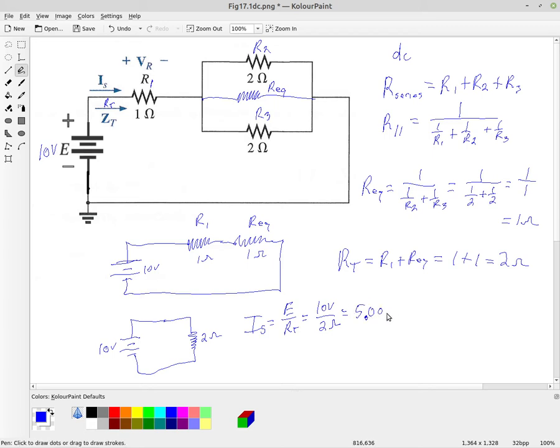If we're putting this in Blackboard, it's going to have to be 3 significant digits, 5.00 amperes. So that would be our answer for this particular circuit. We have a current of 5 amperes. That's our total current. Now that's going to come back to our main circuit.